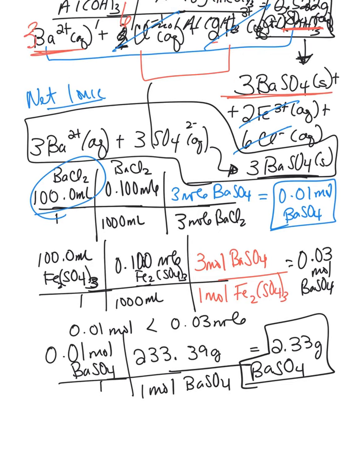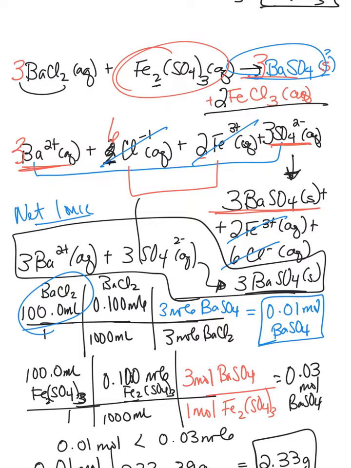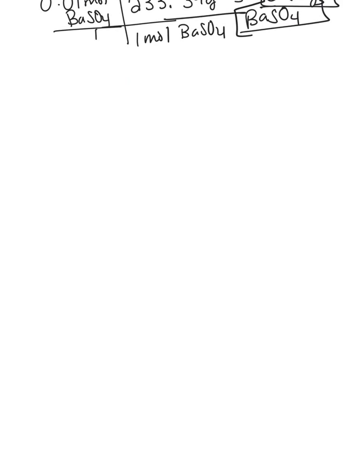Okay, the next problem is an acid-base reaction. So you need to be able to do these titration problems. You should recognize that sodium hydroxide is a strong base and that nitric acid is a strong acid.